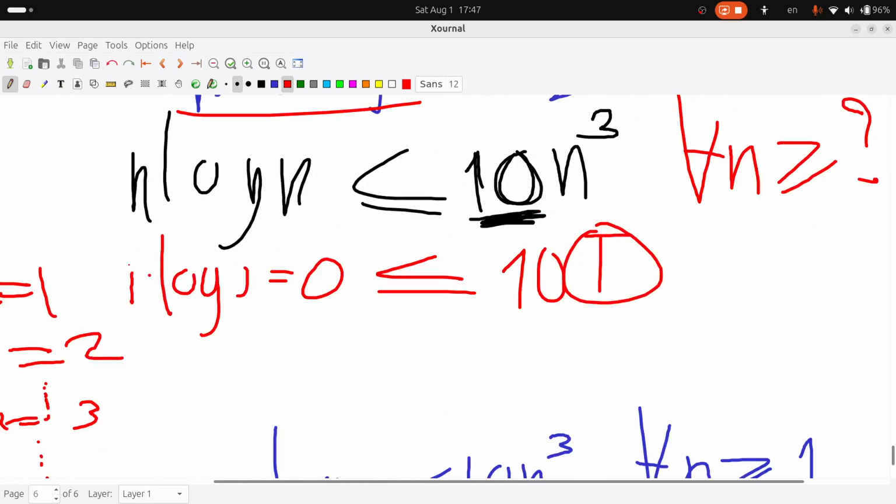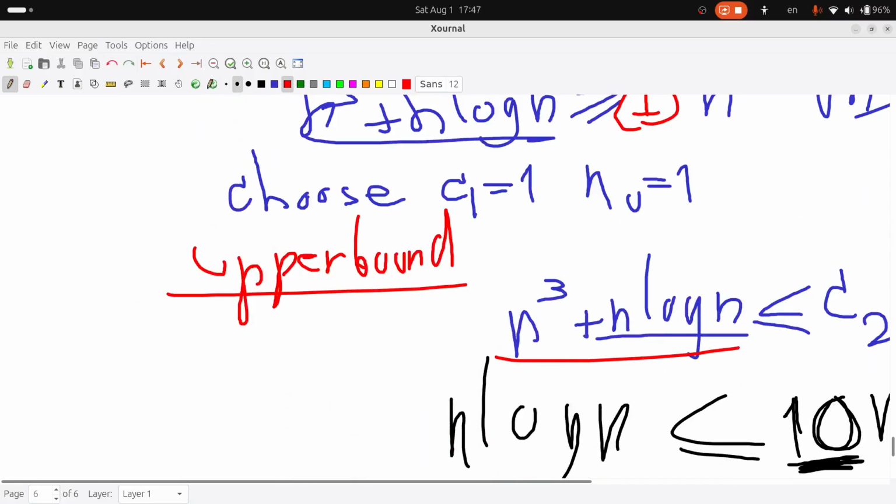After that, we have proved the upper bound and lower bound.